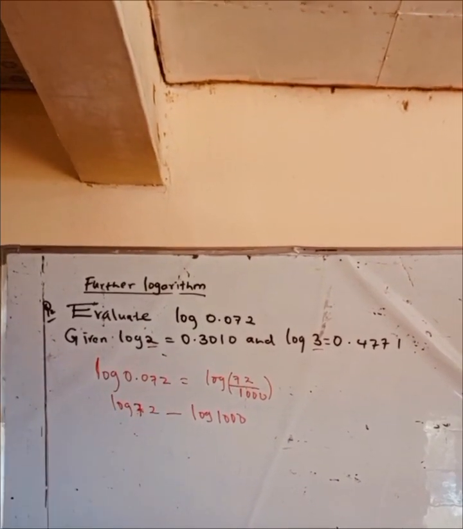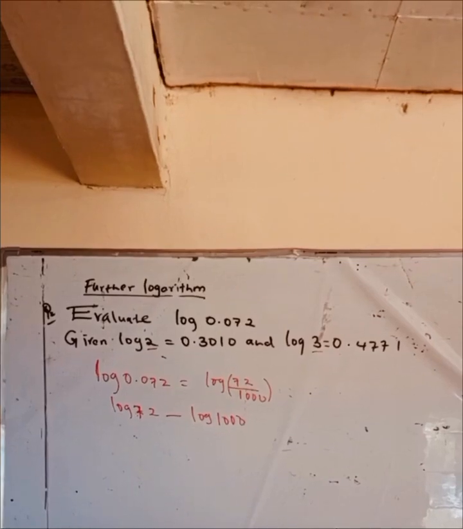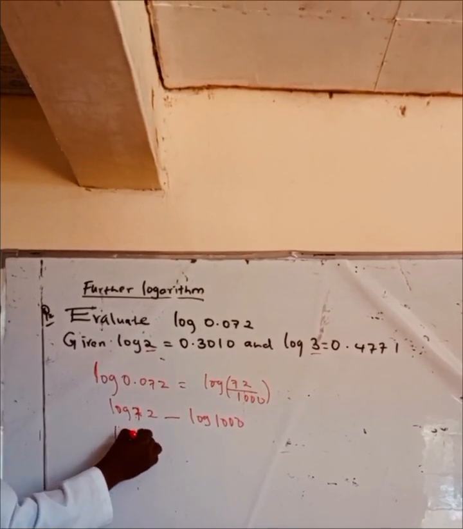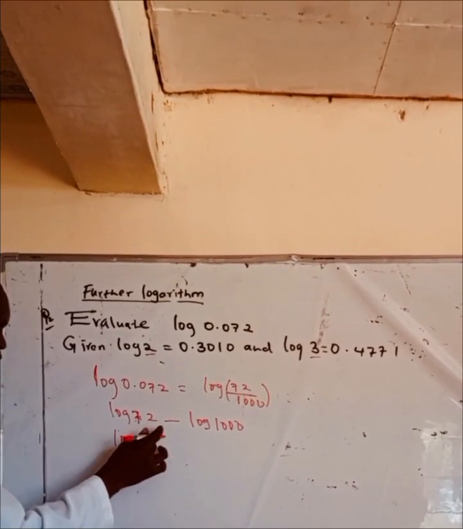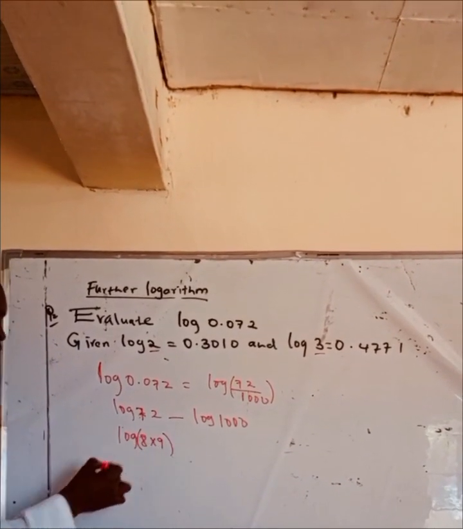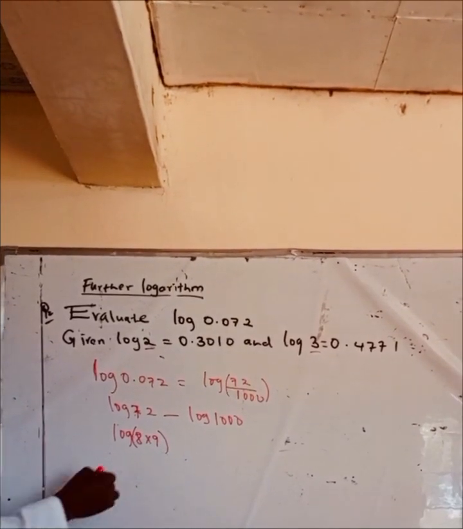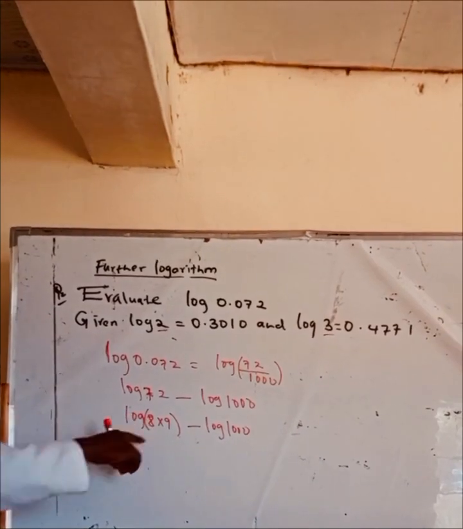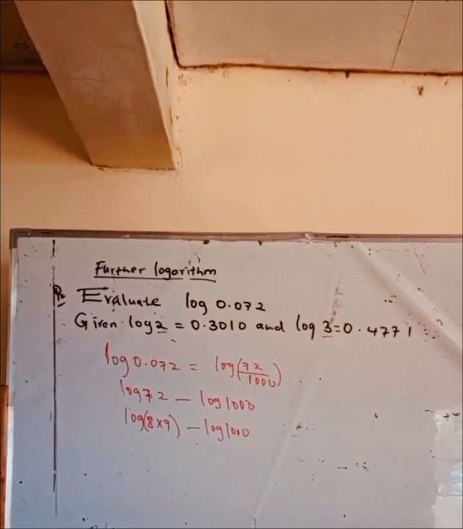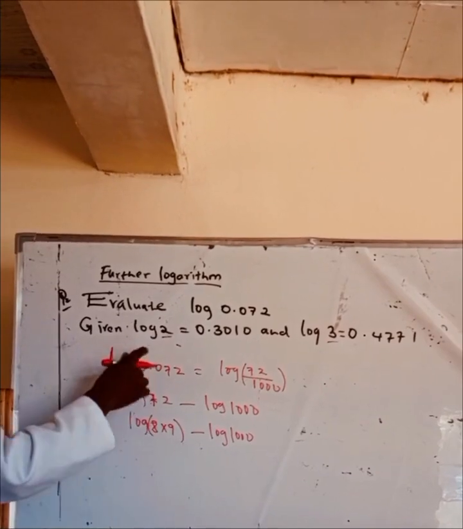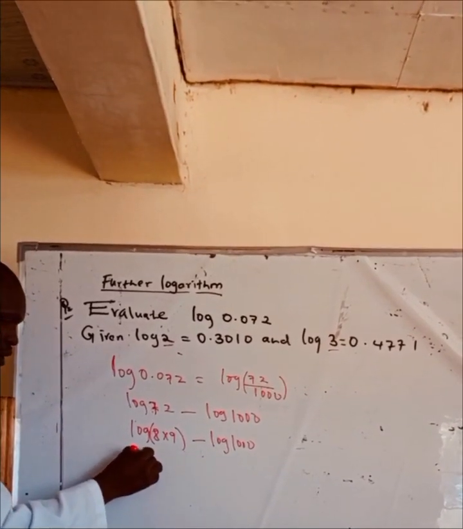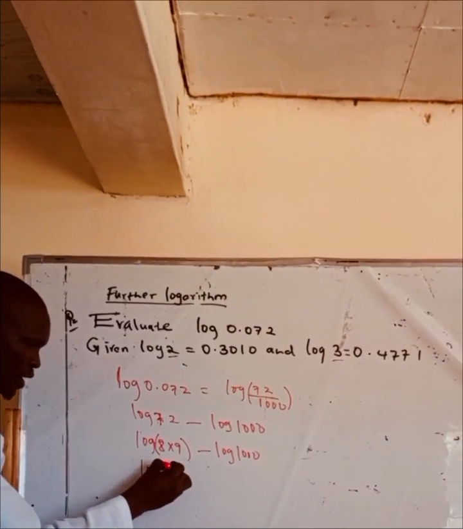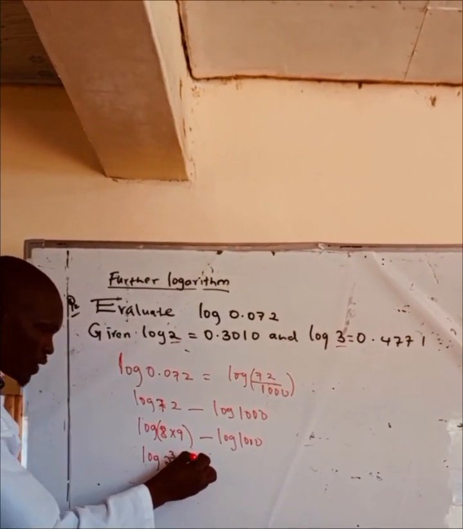Again, this 72 can be written in terms of factors of 2 and 3, so that we have log of 8 times 9, because 8 times 9 is the same as 72, then minus log 1000. Again, we can write these further. 8 can be written in factors of 2, so it will be log of 2 power 3 times 3 power 2.